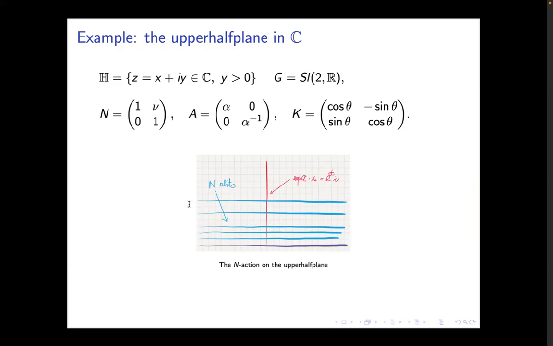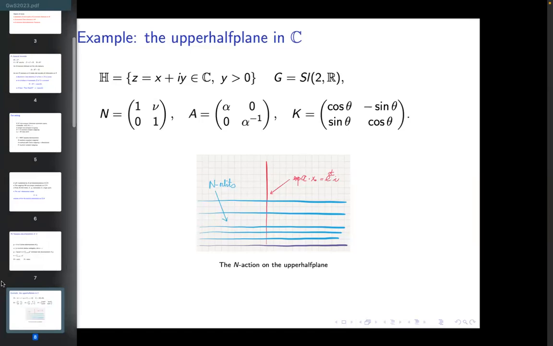You see the N orbits in this case are just the horizontal lines. And the orbit of the group A, A times x0, is the imaginary axis of the plane. So this is the situation in the case of the upper half plane.